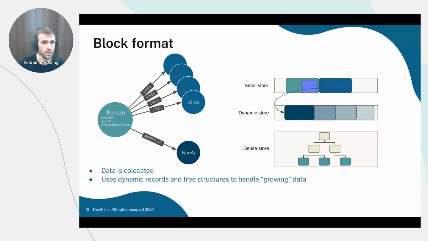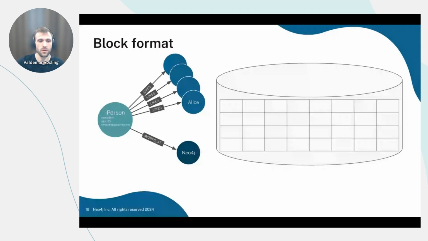And then for those nodes that have a lot of data, we have something that we call the dense store, which is a tree structure to handle these specific nodes. So if we take a look at the same query, but for block format instead.